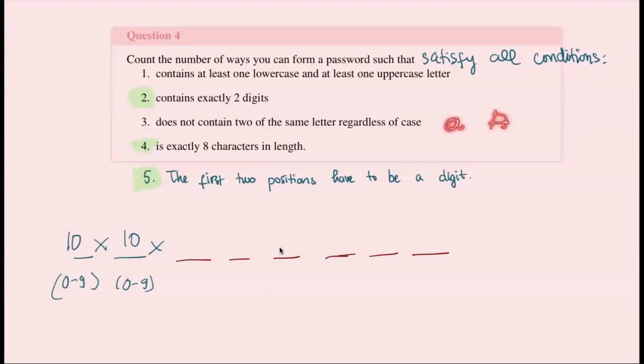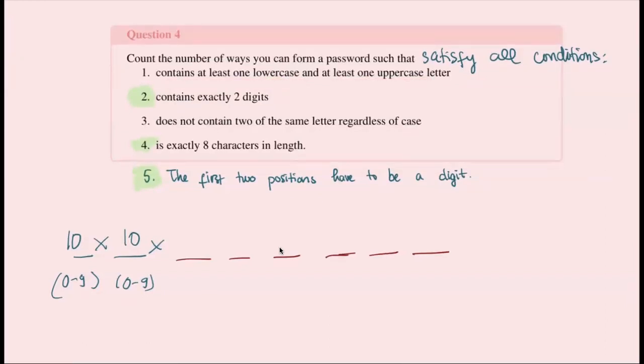If you have lowercase a, then you cannot have uppercase A and vice versa. And the next one is that it contains at least one lowercase and at least one uppercase. So if we think about this, I want to form letters that satisfy these 2 conditions.